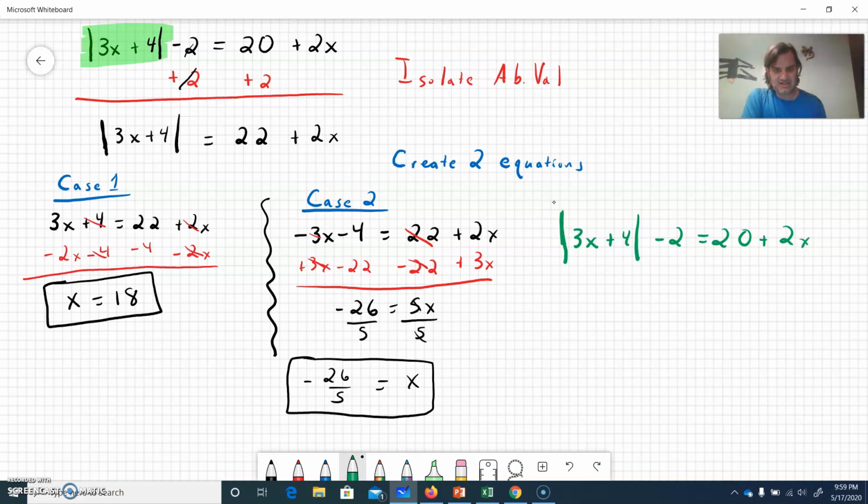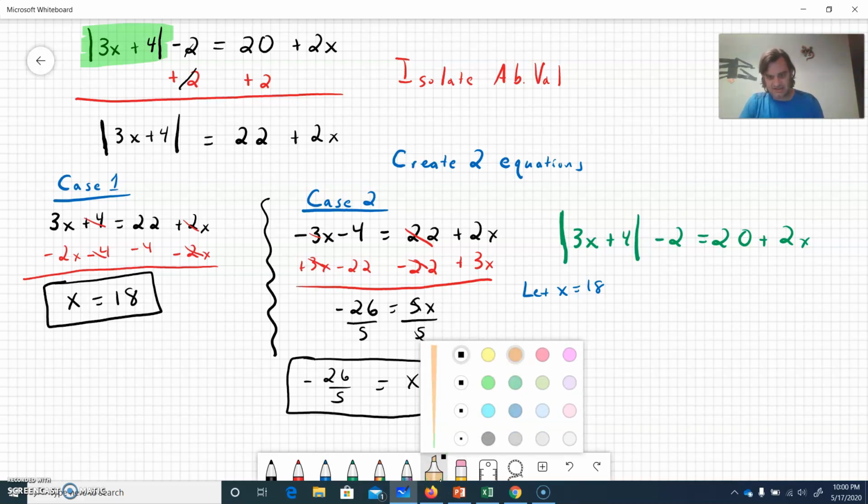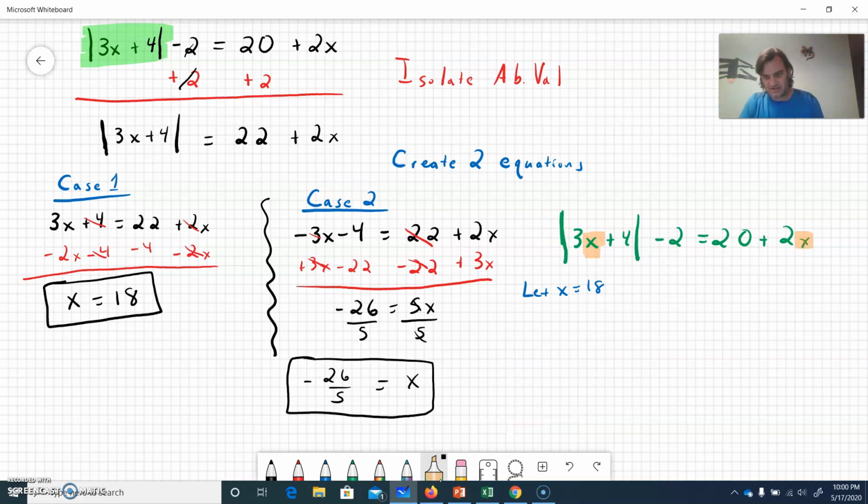So I'm going to plug in the 18, and if I plug in the 18, let's just say let x equal 18, I'm going to pull out my calculator. So I'm plugging in this 18 for wherever x is, so I got two x's here. So I'm going to try and save myself a little bit of time.